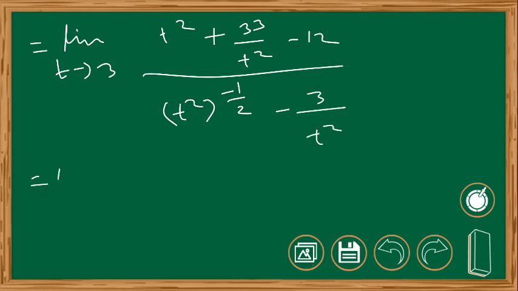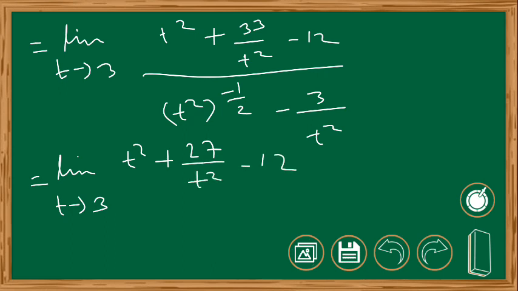So what I have is limit t tends to 3, t square plus 27 divided by t square minus 12, divided by, this is cancelled, so it will be 1 by t, and 3 by t square.